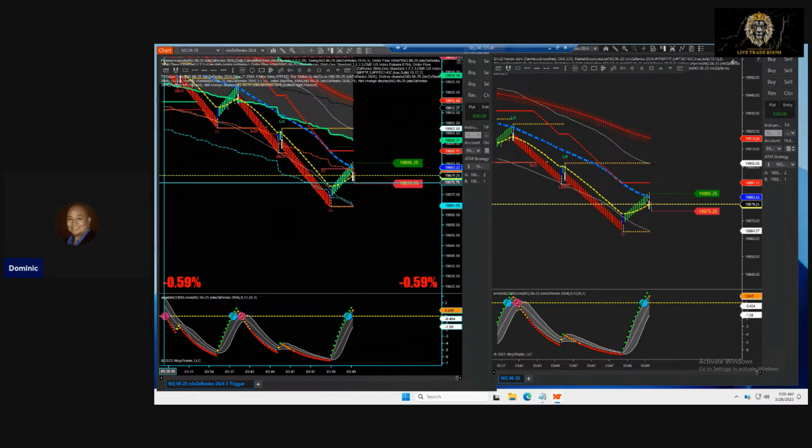Hey, Sai. So we want to take the short. We want to make sure that we're below the zero line, not above where we are right now.